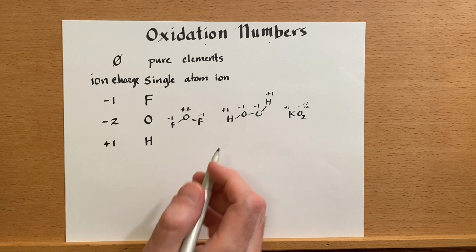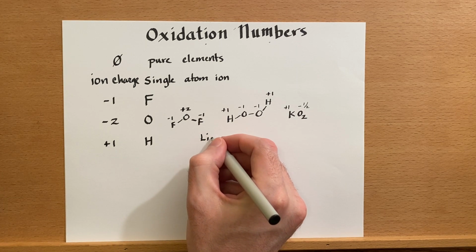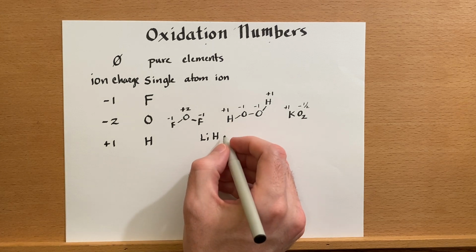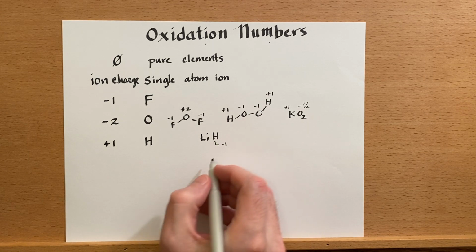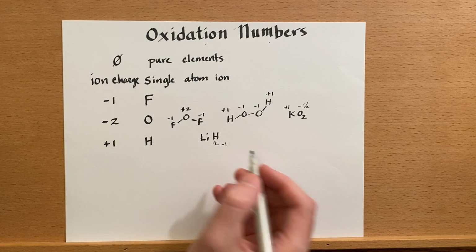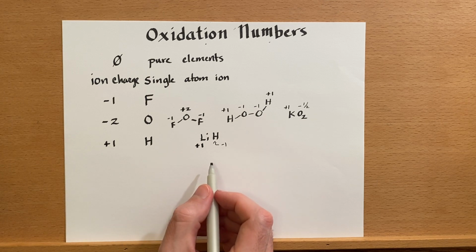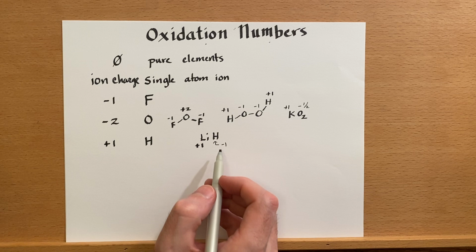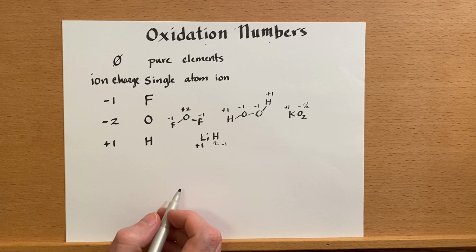All right, now hydrogen is generally +1. There are a few exceptions to this rule, such as lithium hydride, in which case the hydrogen is the more electronegative element, and the hydrogen has a -1 oxidation number, whereas the lithium will be +1. That doesn't happen very often, but when it does, we can have a hydride.